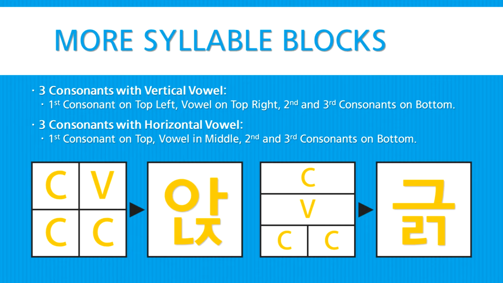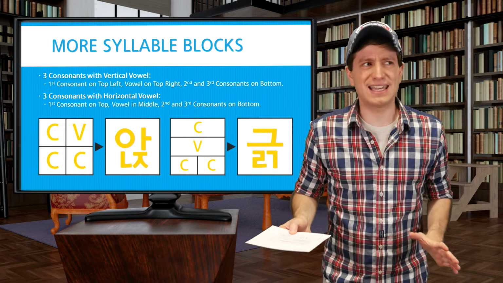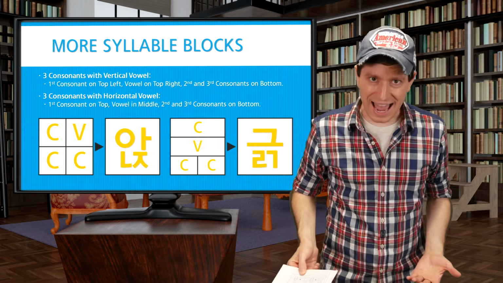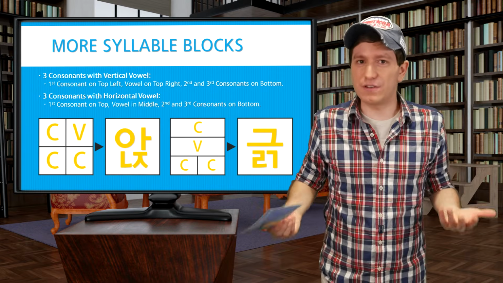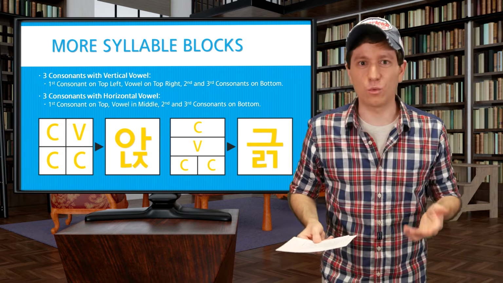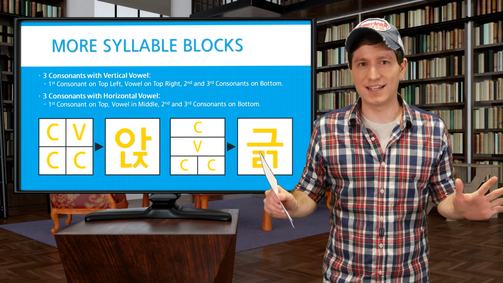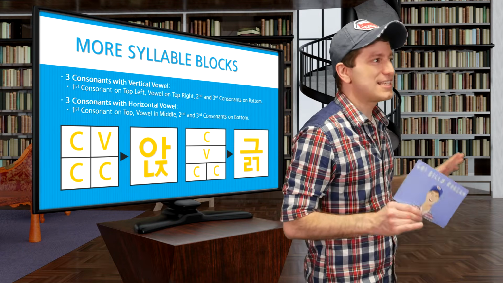But if you're working with a horizontal vowel, you'll again put the consonant on top of the vowel, and then below that you'll put the 2 consonants together next to each other. So really all you're doing is the original form that we had, and attaching an additional 1 or 2 consonants below that. And that's really all there is to syllable blocks.